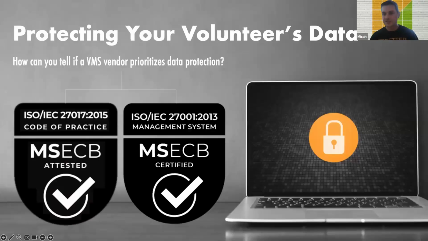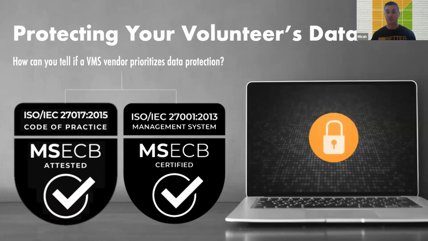And speaking of secure databases, how can one tell if a VMS vendor is prioritizing data protection? I'd say the easiest way is to see if the software company themselves have an ISO certification. ISO 27001 and 27017 certifications are the world's best-known standards for information security management system practices.